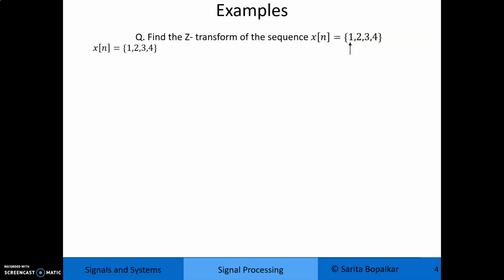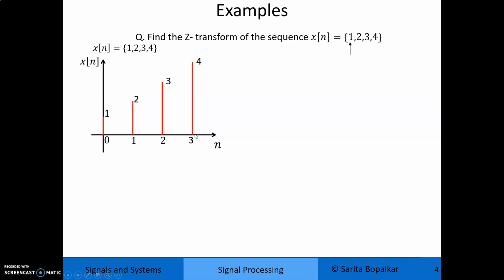That means your sequence is like this. N equal to 0, amplitude is 1. N equal to 1, amplitude is 2. N equal to 2, amplitude is 3. And n equal to 3, amplitude is 4. So this is our sequence.